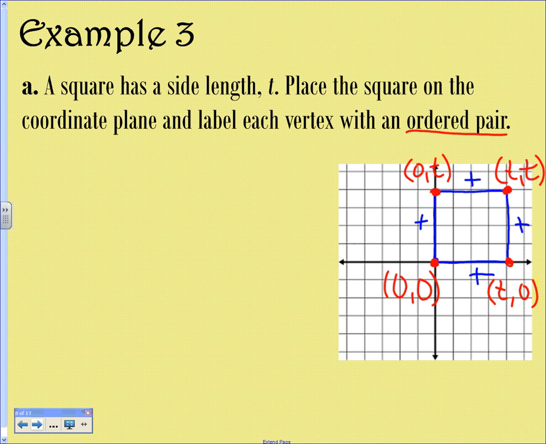If you had not put it at the origin, then you would have had to say, like, let's put it over here. 1, 2, 3. And then you'd have to, like, 3 minus t, and then something else. It'd make it a lot more difficult.